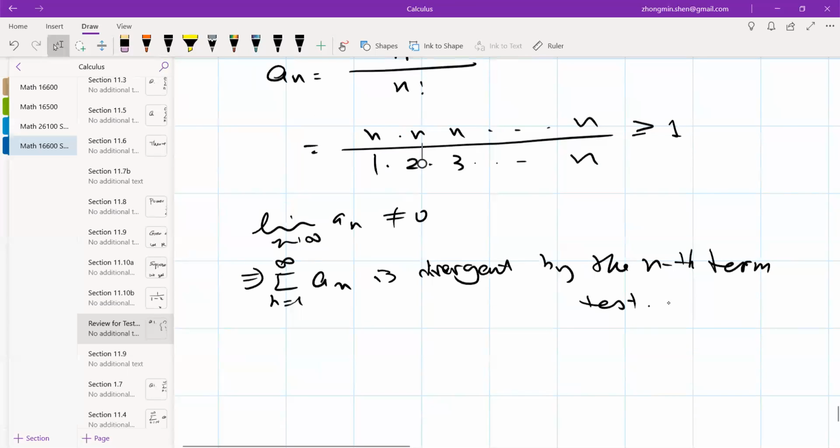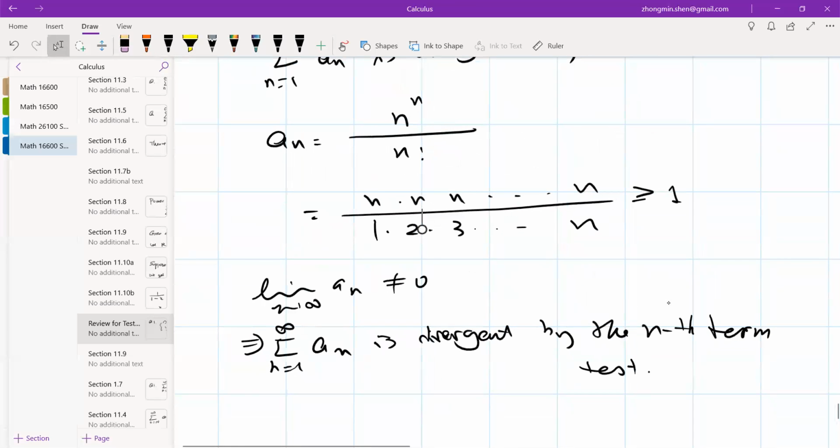So a problem can be solved in many different ways. This is the simplest method. It's not a standard method. It's just trying to prove that the limit is not going to be 0.